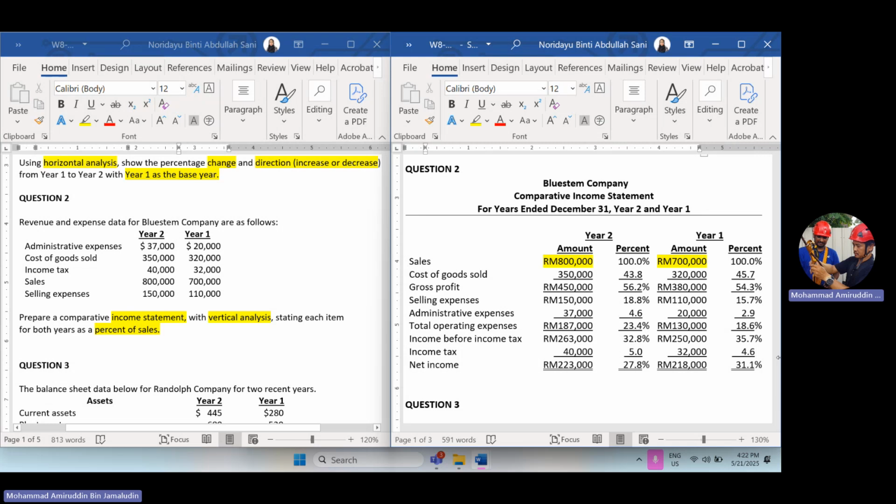In the UK, they prefer to call it the income statement. You have this data: admin expense, cost of goods sold, income tax, sales, selling expenses. Prepare a comparative income statement. Income statement here is your statement of profit or loss. Prepare means in your answer, you must show the format. You must prepare the SOPL.